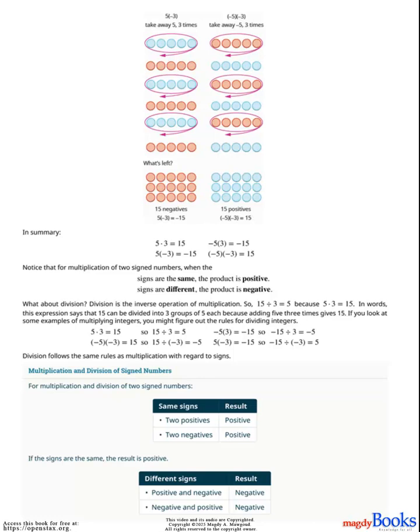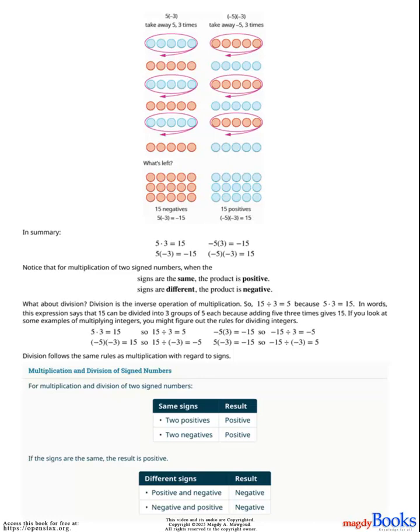A. Multiplication and division of signed numbers. For multiplication and division of two signed numbers, same signs: result, 1. Two positives, result positive. 2. Two negatives, result positive.